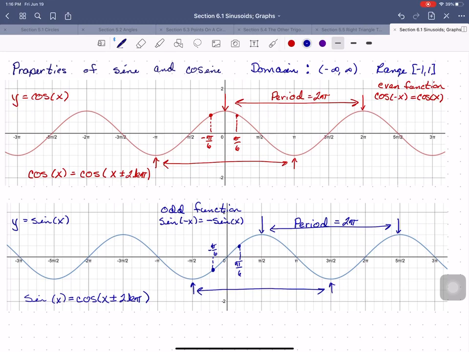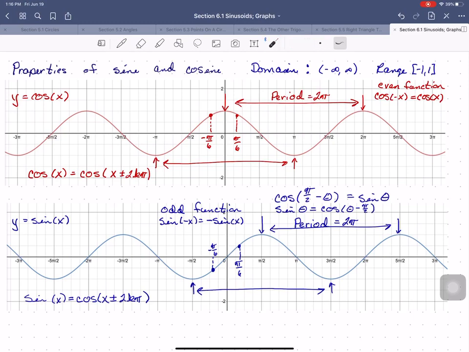Now remember, last chapter we discovered that the cosine of pi over 2 minus some angle is equal to the sine of that angle. We can rewrite this to say that the sine of theta is equal to the cosine of theta minus pi over 2.